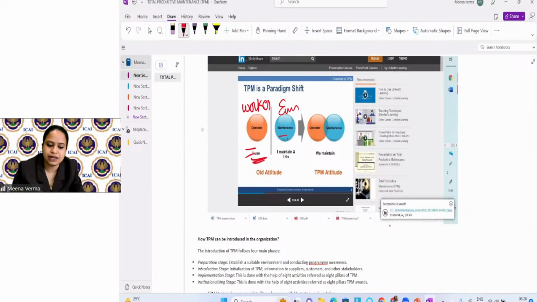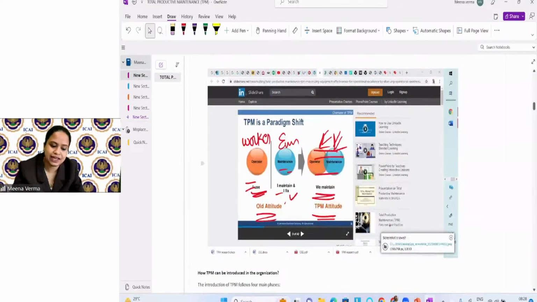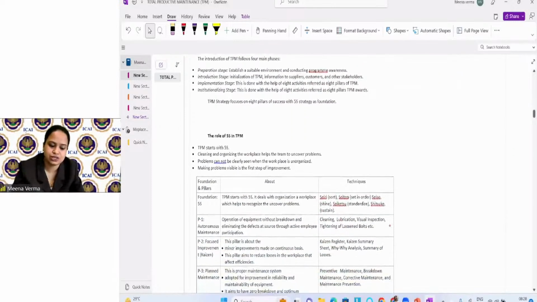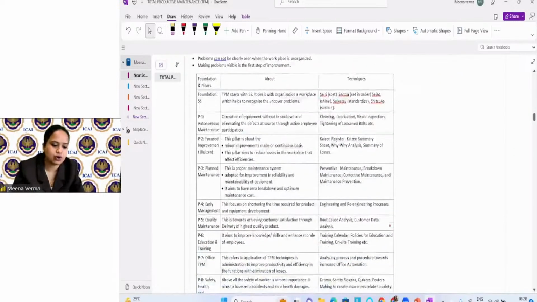Engineers maintain the machine, and if there is any problem, they fix it. This was the old attitude. Now, what is the new attitude? Both the worker and the engineer will keep maintaining the machines all the time so that there will not be any defect and they will not produce defective units. I will teach you about all these techniques.